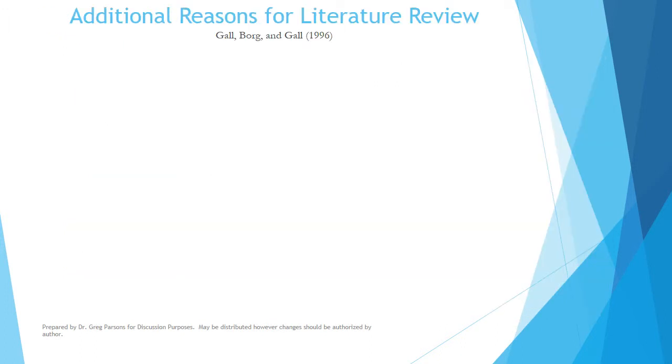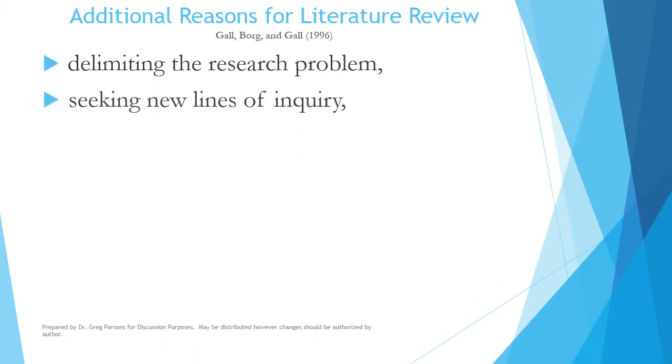Now, some of these additional reasons are going to look like a bit of an overlap, and it's true, but I wanted to summarize what the article says about these particular things. Additional reasons might be delimiting, or helping to define and separate what the research problem is from things that don't really belong there. It may open up new lines of inquiry.